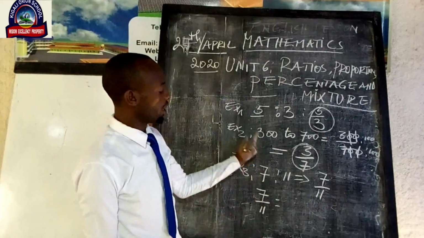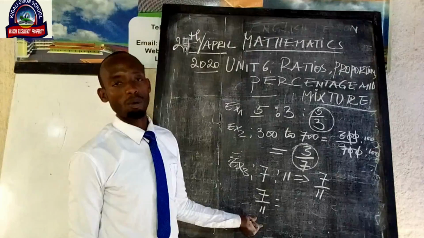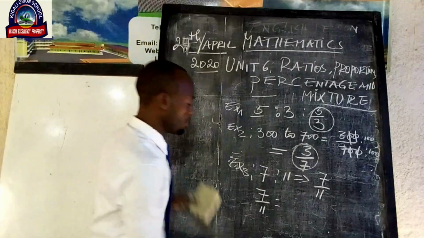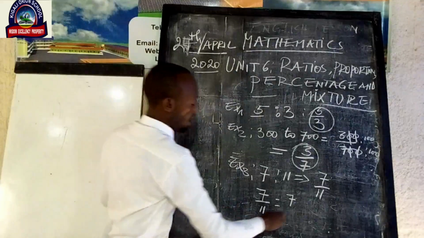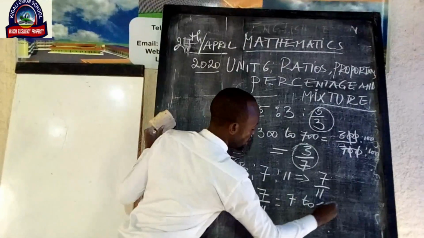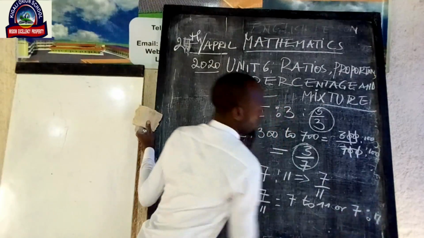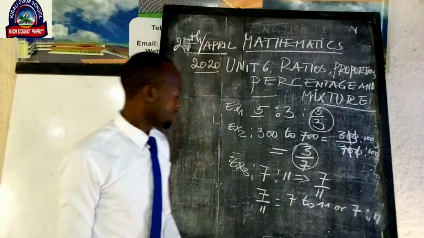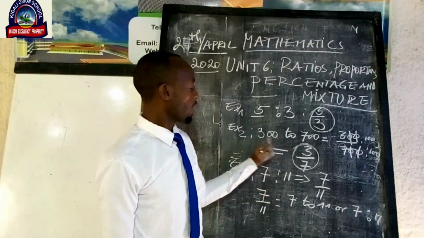I said that 7 is the numerator, then 11 is the denominator. The starting number is 7, so I write 7 to 11, or I say 7 : 11. That is how we can convert a fraction into a ratio.